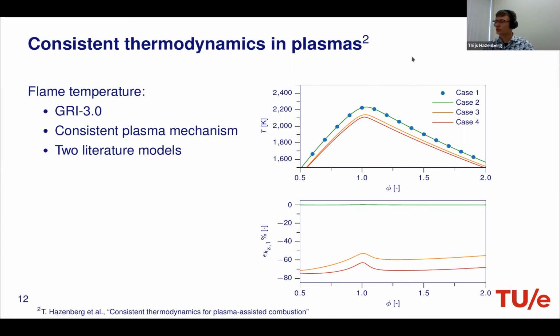And why is this important? Well, if you want to, for example, predict nitrogen oxide emissions, and you look at the rate limiting step, then you will see that with this reduced adiabatic flame temperature, you will significantly underpredict the rate constants of this reaction by around 70%. And as this inconsistency is in the thermodynamic data, it will be present at the entire burn site.